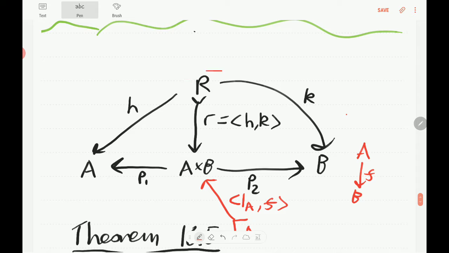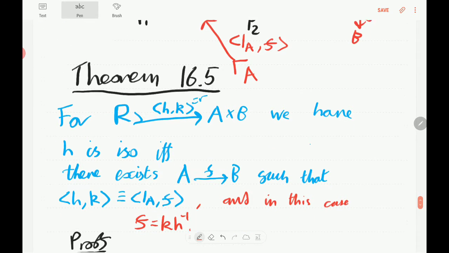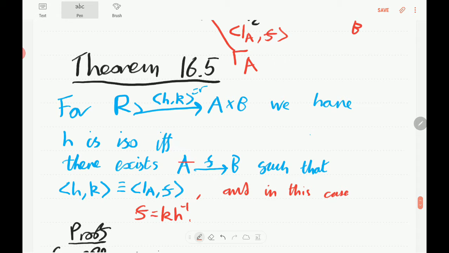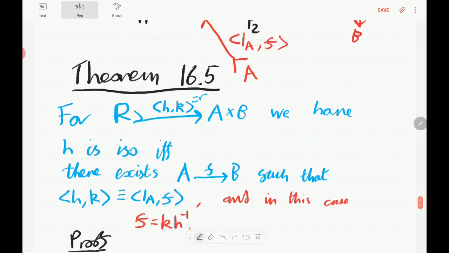So this first component of this arrow R is going to be an isomorphism if and only if there exists some arrow F from A to B such that H comma K, or if we like R, is equivalent to the graph of F, where F is K after H inverse.